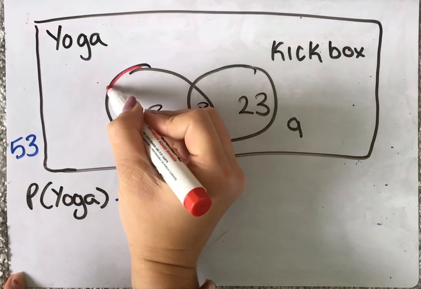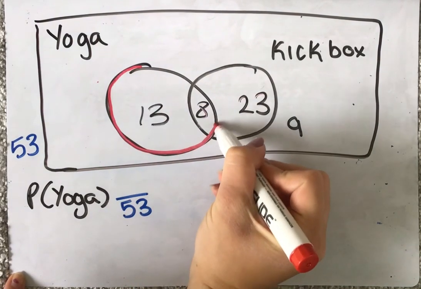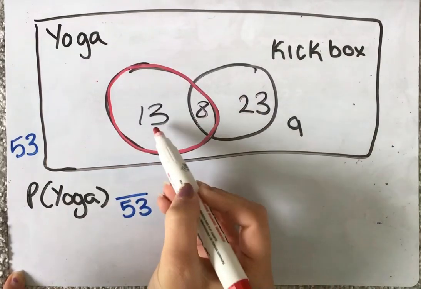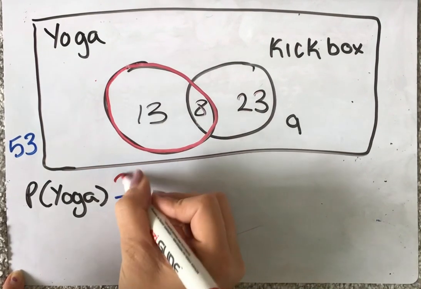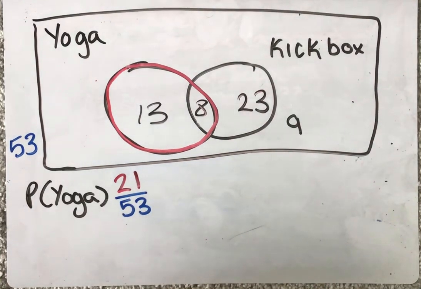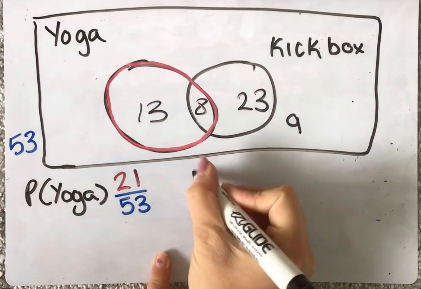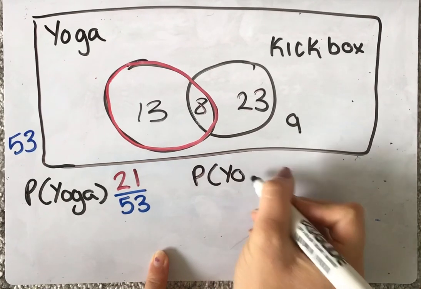So I'm looking at this entire bit here. So I need to add these two numbers together. So 13 plus 8 is going to give me 21. Okay, now obviously if you can simplify them, do, but if you can't, don't worry about it.